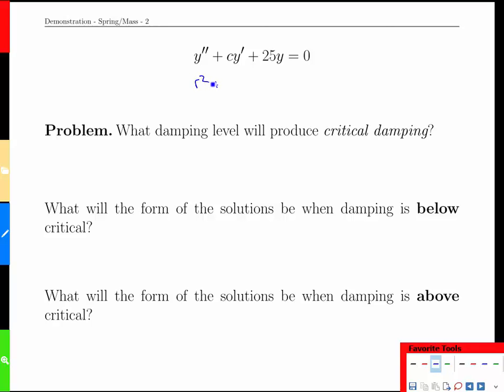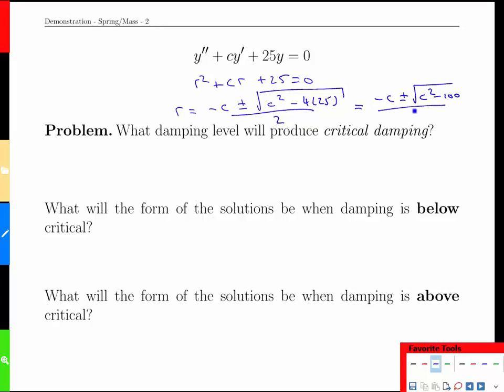We get r squared plus cr plus 25 equals 0, and we'll go straight to the quadratic formula: minus c plus or minus the square root of c squared minus 4 times 25, all over 2. That gives us negative c plus or minus the root of c squared minus 100, over 2.